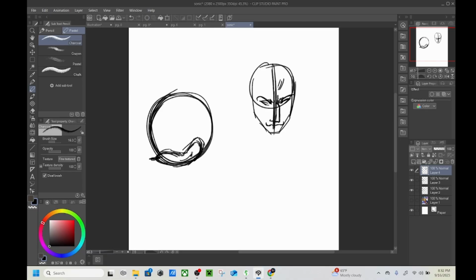You basically get the general gist of where everything else on the face is going to be based on what focal point you choose to start with. And eye line, and by extension where the bridge of the nose would be, is a really good one. The bridge of the nose is good because it's directly on the vertical line from top to bottom, and whatever you do to cross that line is where your eyes are going to be, and basically your eye line and your bridge line is going to be the same. That's what I like to use. Anyway, we're drawing Sonic.